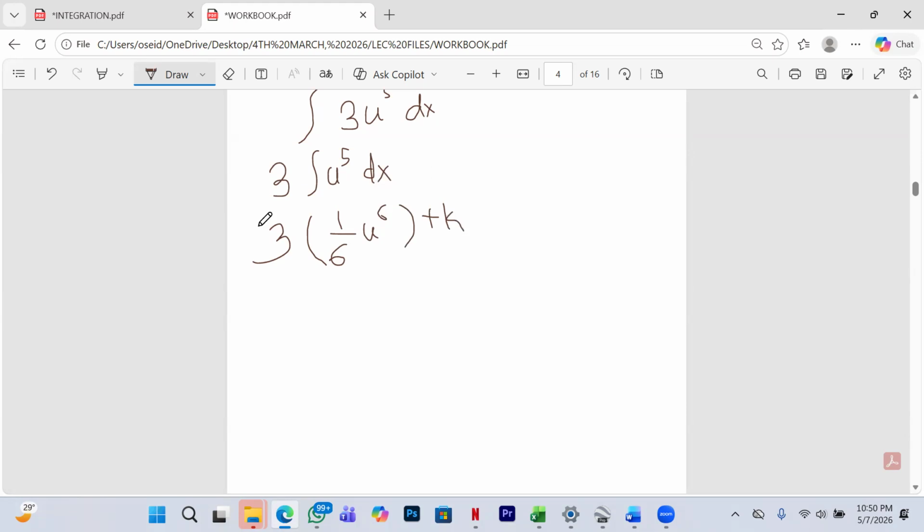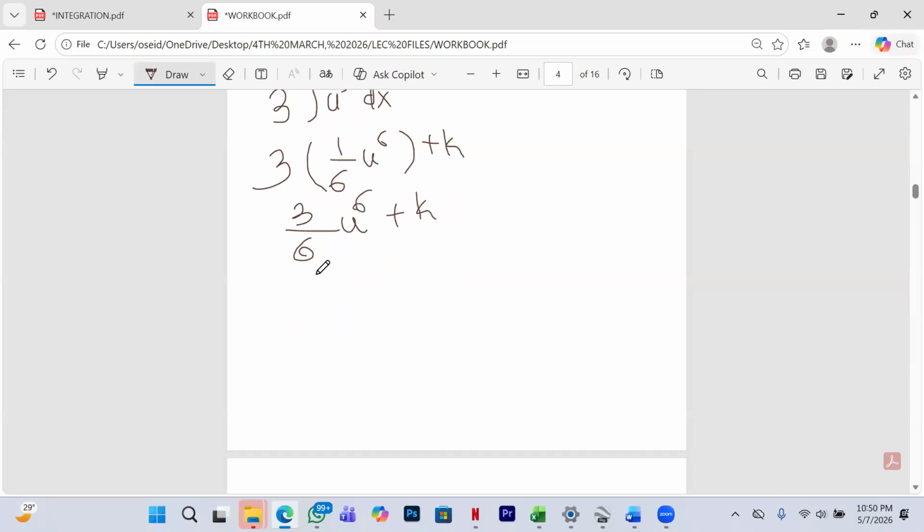You get it? But 3 times 1 is what? 3. So you're going to get 3 over 6 u exponent 6 plus k. So the final answer is 1 over 2 u exponent 6 plus k.